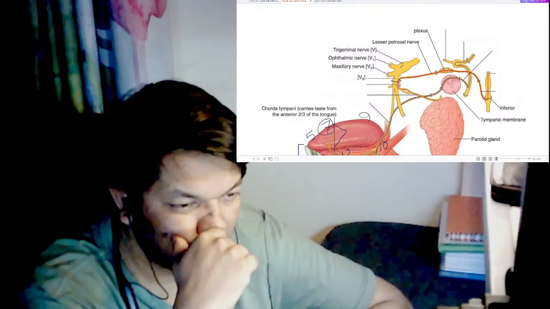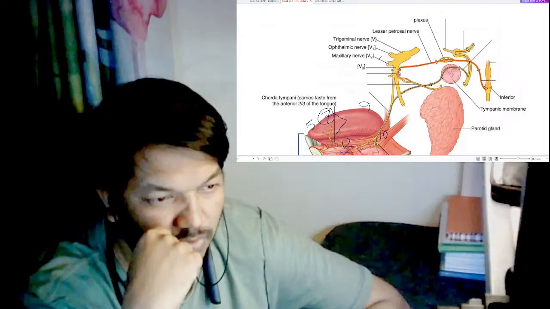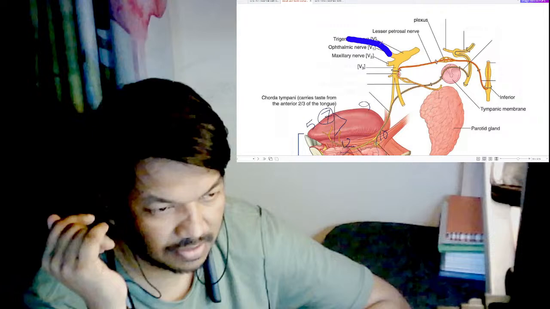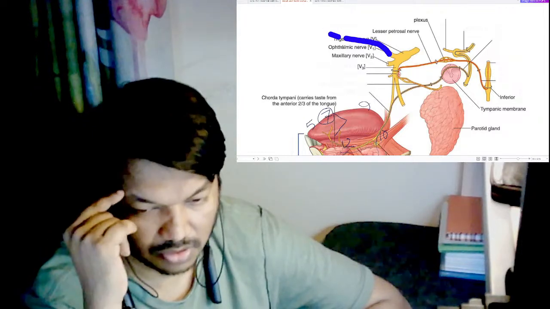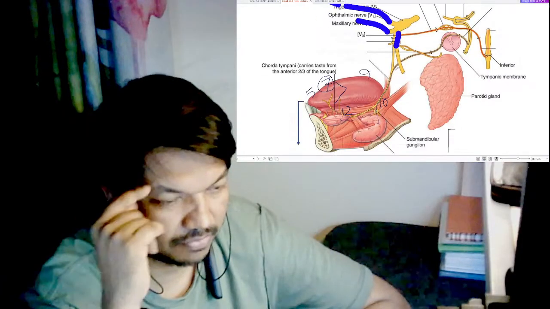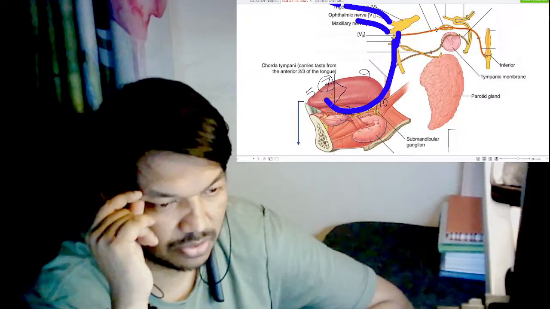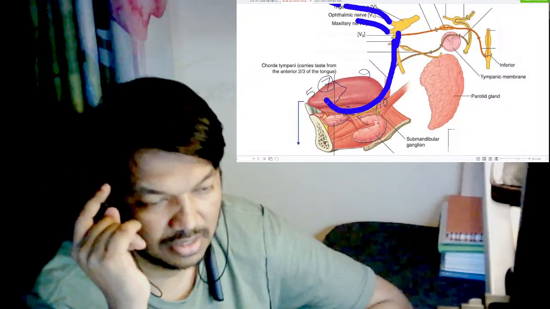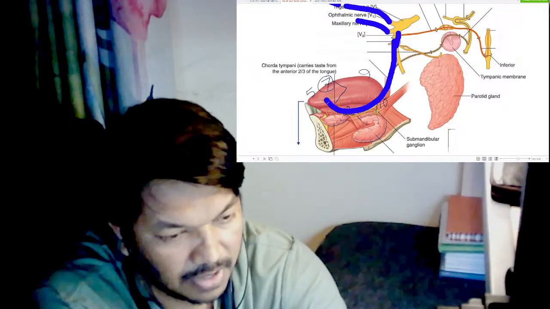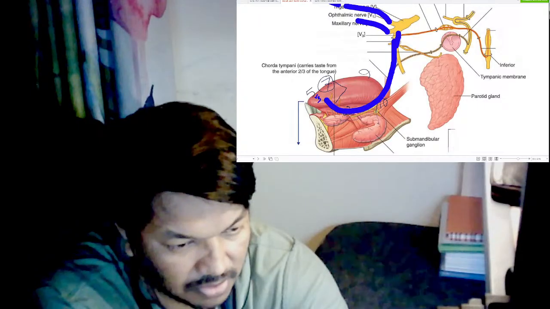This is the trigeminal nerve and its ganglion. So trigeminal nerve V1, V2, V3. V1 we know: ophthalmic, maxillary, and this is mandibular. From the mandibular, one branch comes and gives supply in the anterior tongue. Remember we said anterior, V3. Yeah, V3. So this will be V3.